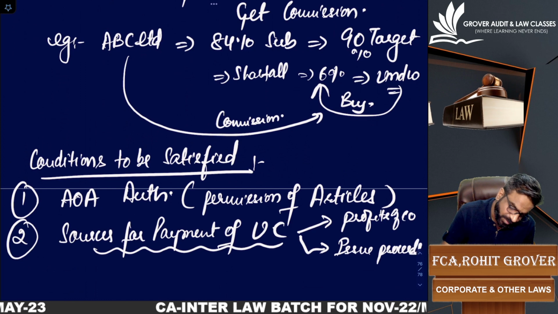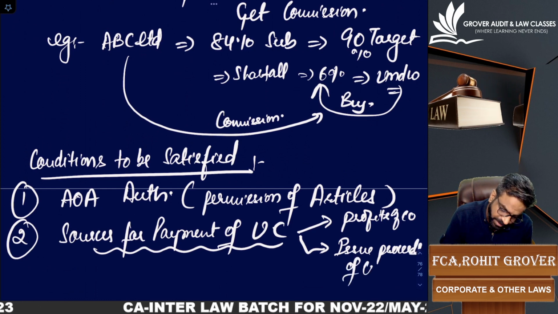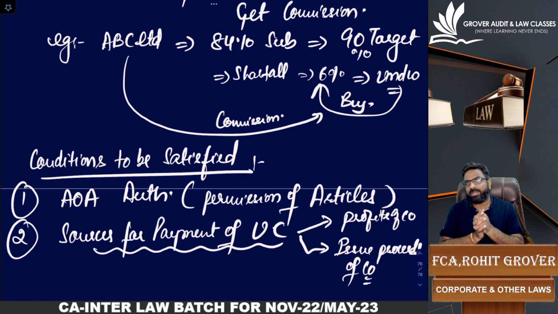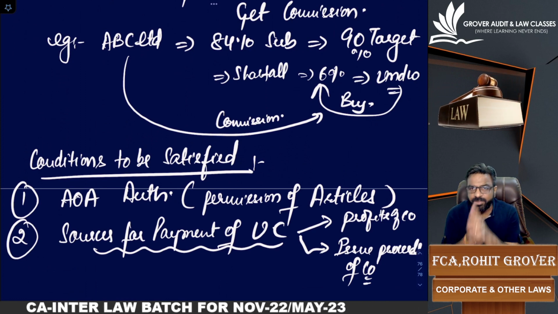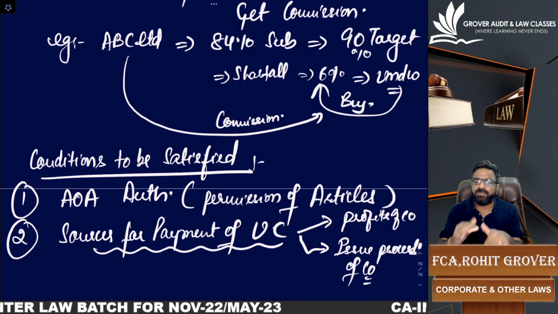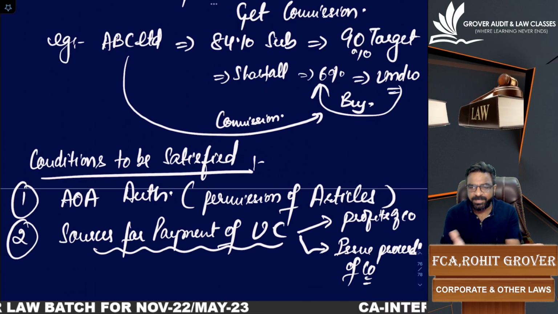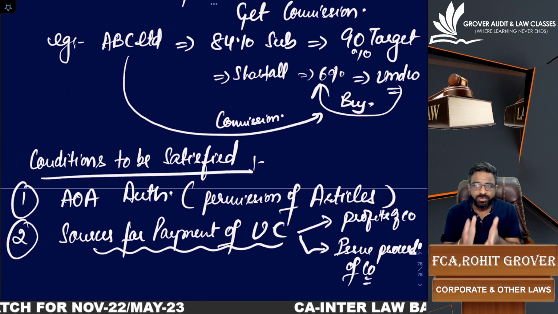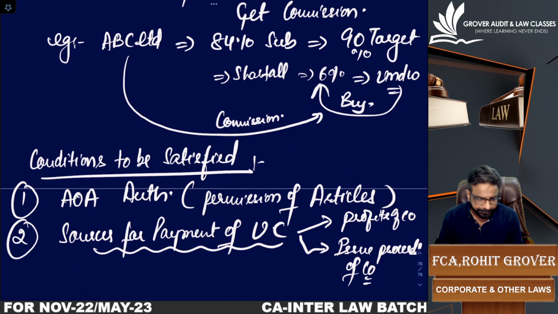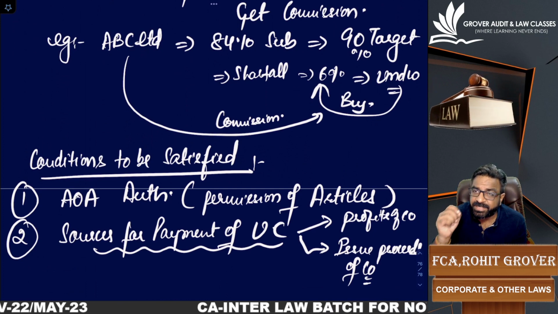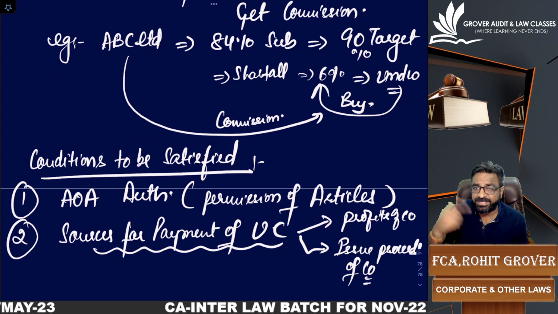Achha, can I say to the underwriters, okay, your commission is 10 crores, let me give you 10 crores worth of shares? Can we give the commission to the underwriters in the form of shares? Yes, sir. Yes. Can we give the underwriters commission in the form of flats, residential flats?